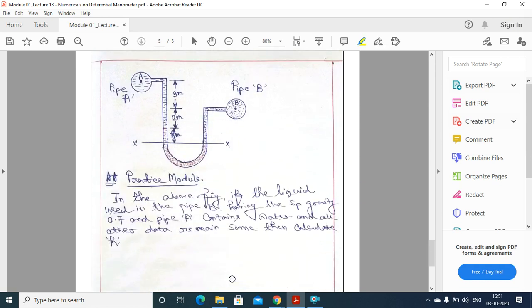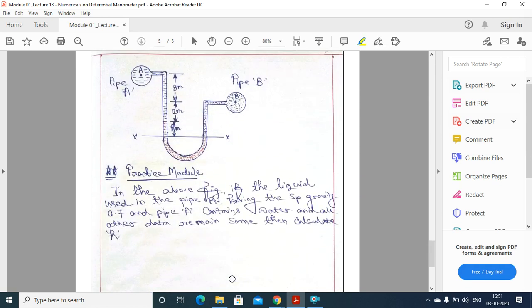Okay. So now there is one practice module which you have to solve in the above figure. In the above figure, if the liquid used in the pipe B having the specific gravity 0.7 and the pipe A contains water and all other data remain same, then calculate the small h.